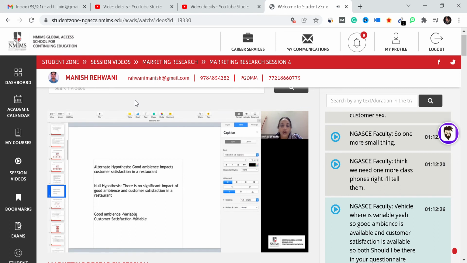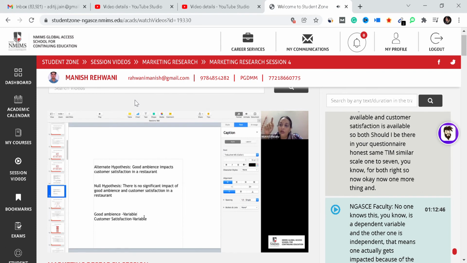Now, one more thing I'm going to ask you. One of these is a dependent variable and the other one is an independent variable. That means one actually gets impacted because of the other. The dependent variable depends on independent variables. So which is the dependent variable here, class?